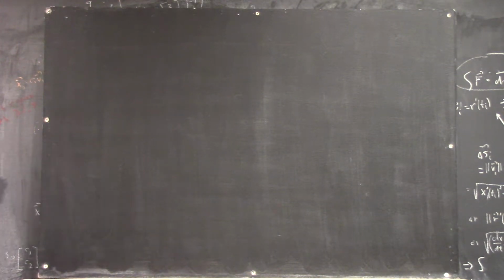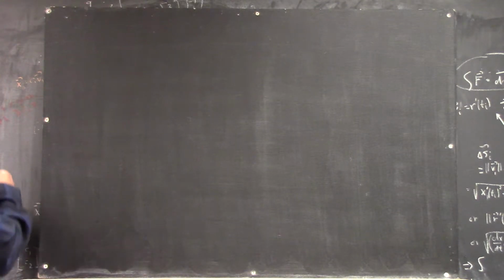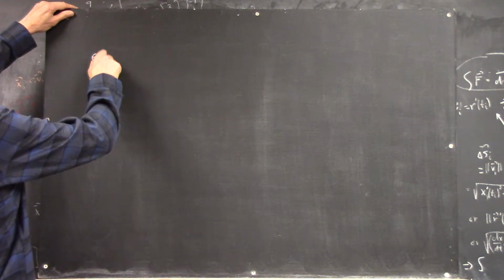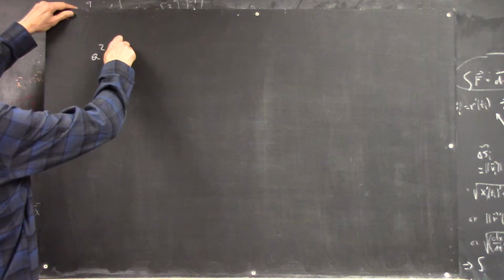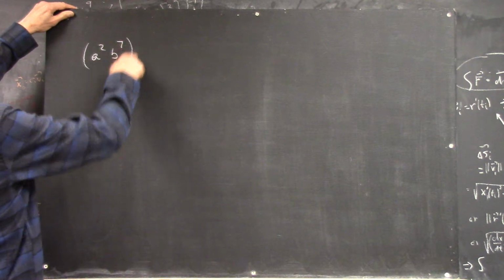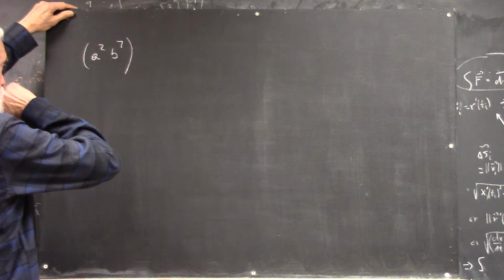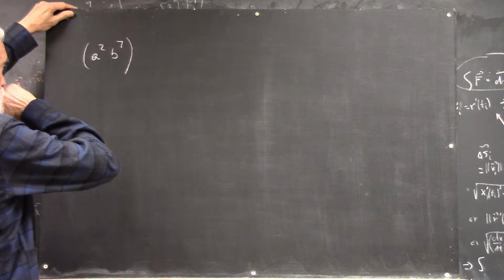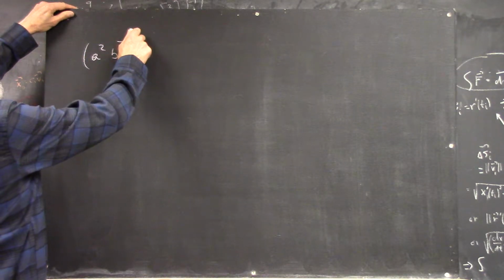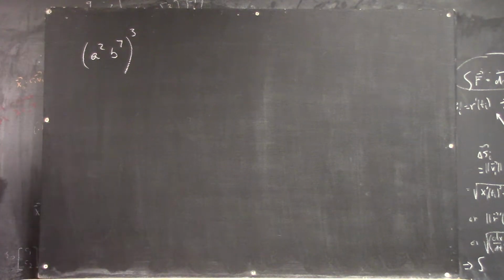So let's think of, what's a squared b to the 7th, cubed? Now we need to break it down.